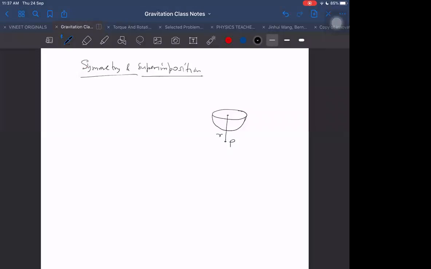If I have given you the field in this place, can you determine field due to this hemisphere at a distance r on the other side? I'm giving you at a distance r on one side and I want you to find at a distance r on the other side. Can you determine it?